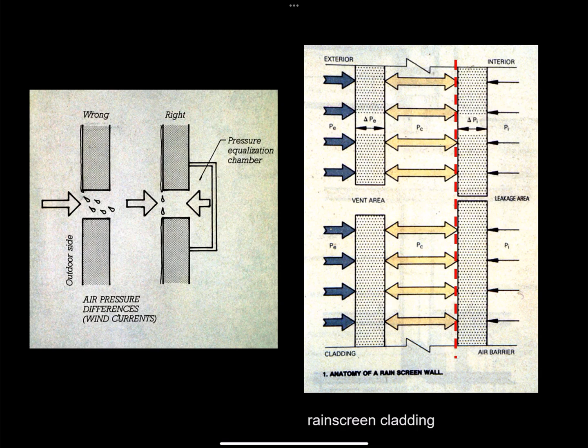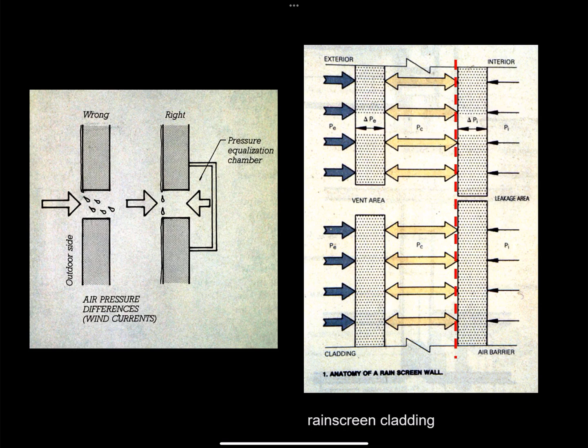So the rain screen system, and it can be used on either walls or roofs, is a 3-layer system of weatherproofing, and it is based on the following assumptions. It accepts the fact that water is present.